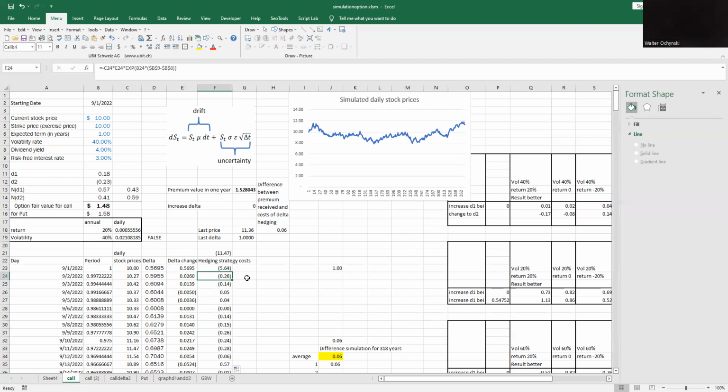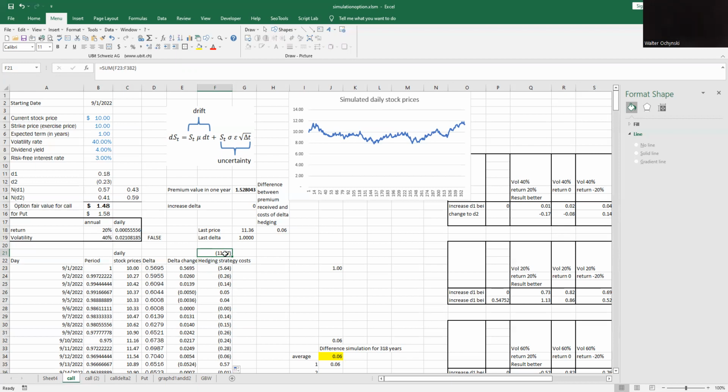In 359 days, since we assume a year of 360, this will result in our hedging costs, which will be added together and show us the total costs of all hedging transactions during the year.